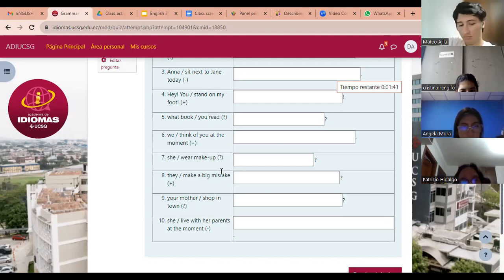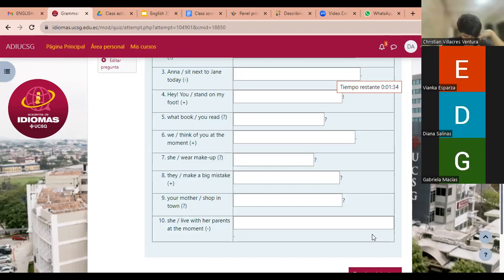But if it's a negative statement, like number 7, how can we rewrite number 7? Christian, what do you think? If it's negative. Number 5 is what are you book reading?